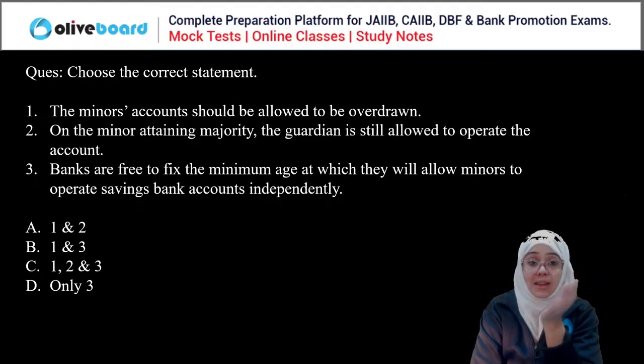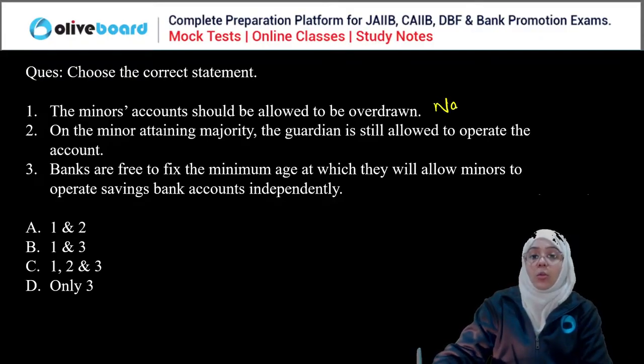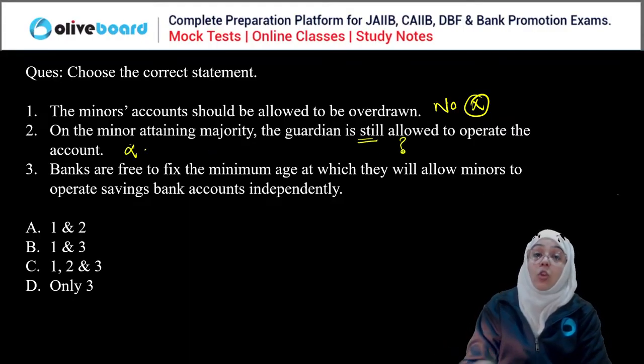Read the question carefully again. I am not asking for the incorrect statement. The first statement says a minor account should be allowed to be overdrawn. No, a minor account is not allowed to be overdrawn, so this is a wrong statement. The second says that on minor attaining majority, the guardian is still allowed to operate the account. False, wrong statement. Banks are free to decide.